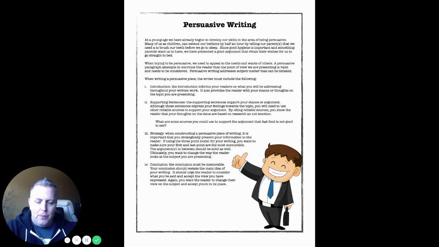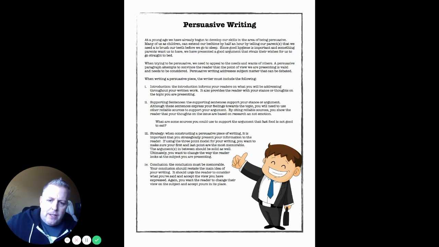So when we are writing this, we want to make sure we are creating memorable points, because we're trying to get people to take on or adopt our perspective. We also want to present our arguments in such a way that they're going to be memorable for our reader.